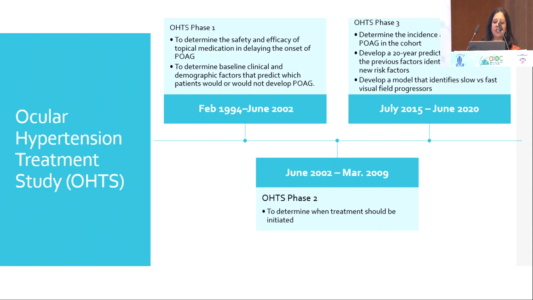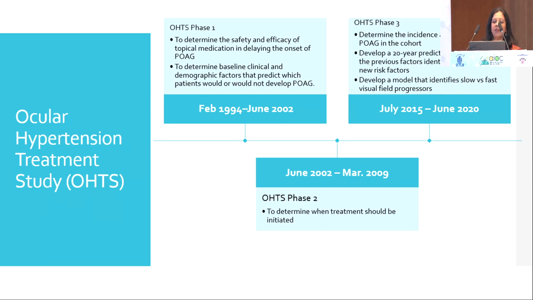These questions were answered by the OHTS trial, one of the landmark multicentric trials, and it was conducted in 3 phases. The OHTS 1 phase was a proof of concept, to identify whether early treatment reduces the risk of conversion of OHT to POAG. OHTS 2 was to determine when treatment should be initiated.